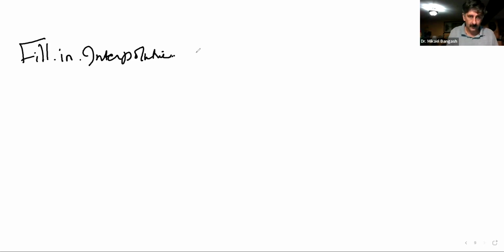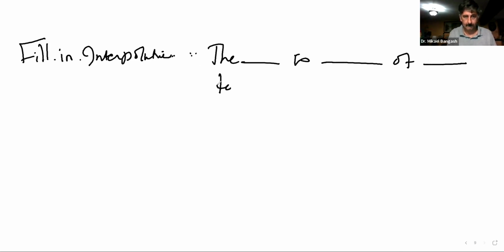Now let me give you an example of how to look at fill-in interpolation. This dash is dash of the dash. The dash is dash of dash to dash.